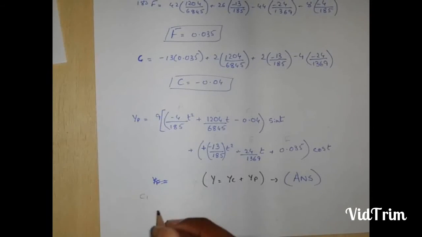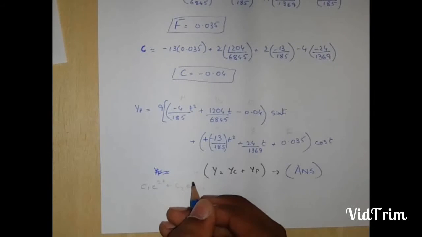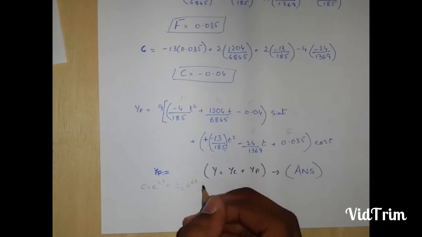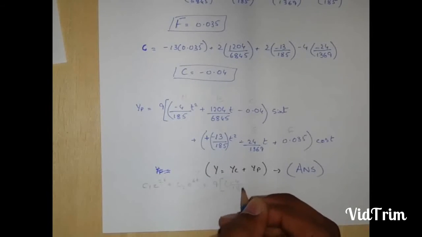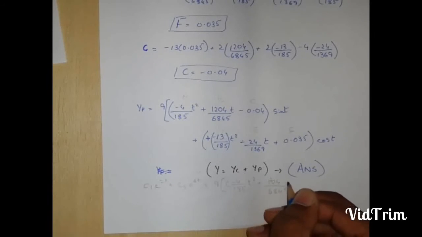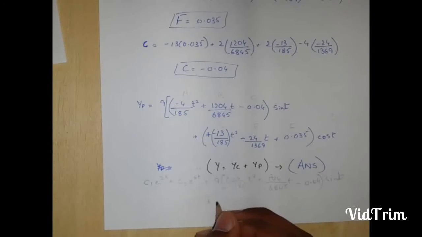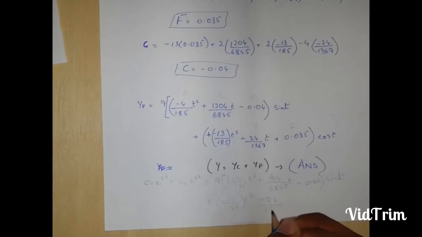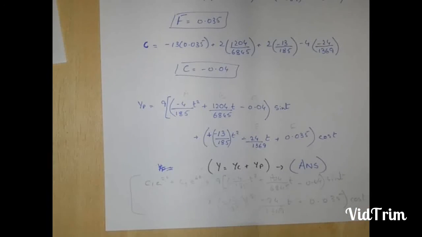Our yc is c1 e to the power 2t plus c2 e to the power 6t, plus our yp, which is (minus 4 upon 185 t square plus 1204 upon 6845 t minus 0.04) sin t plus (minus 13 upon 185 t square minus 24 upon 1369 t plus 0.035) cos t. This whole term is our answer.